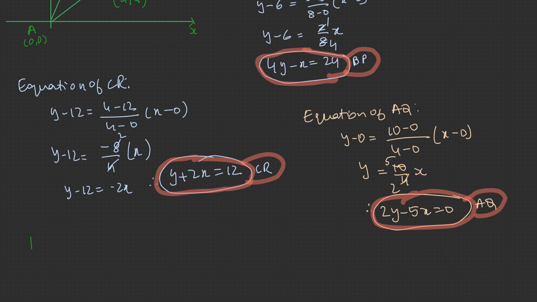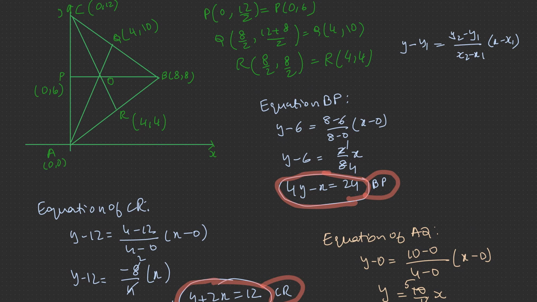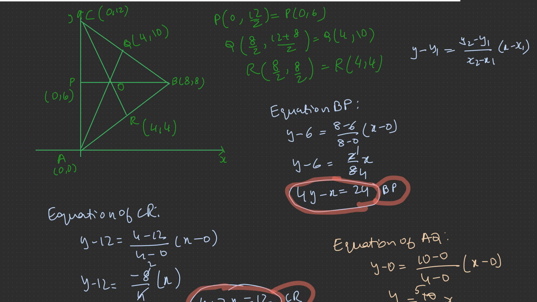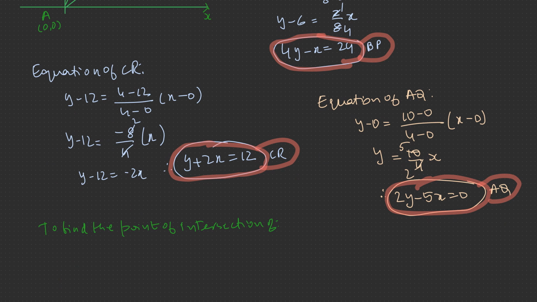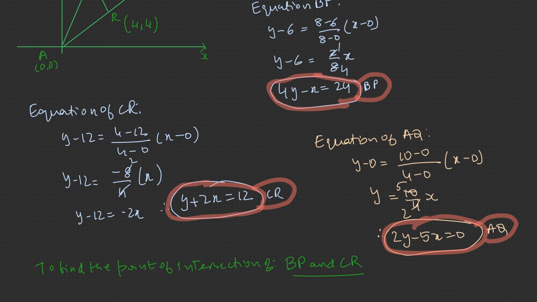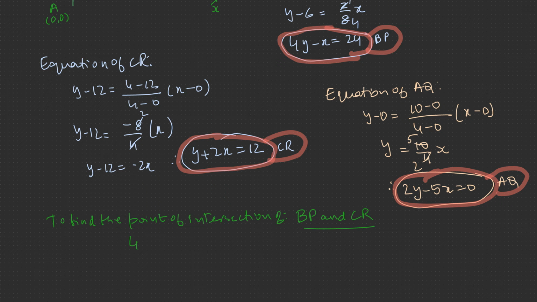To find the point of intersection of BP and CR, we know the equation of BP, that is 4y minus x is 24, and CR is y plus 2x is equal to 12.